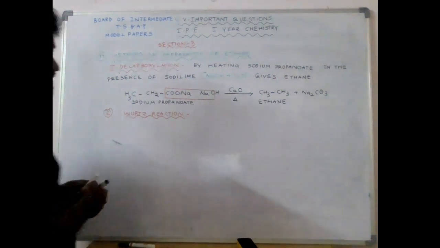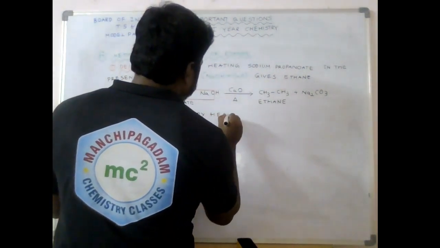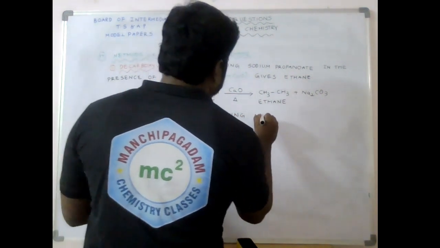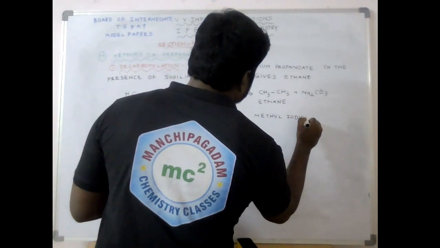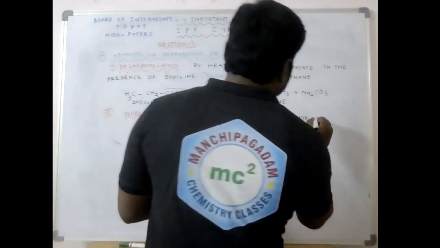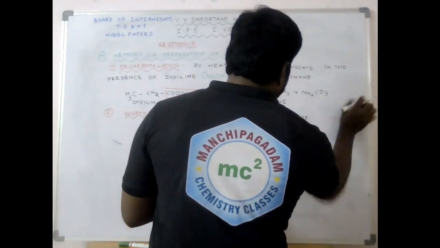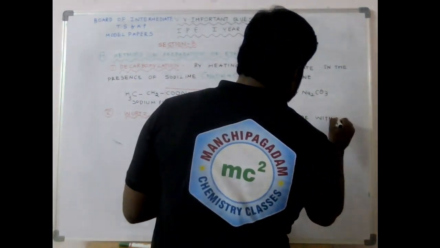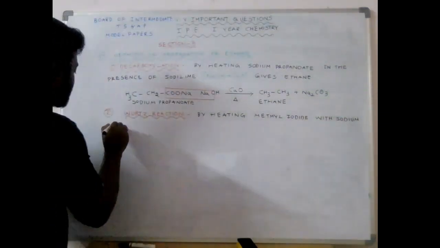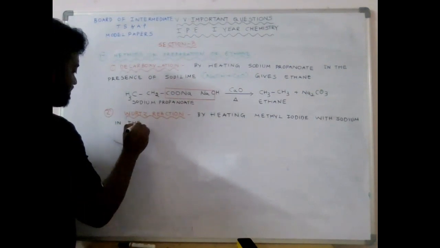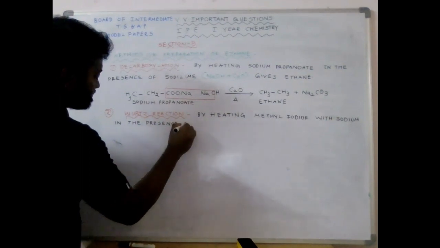So the next one: Wood's reaction is by heating methyl iodide with sodium metal in the presence of dry ether.